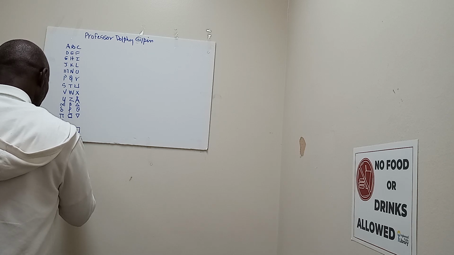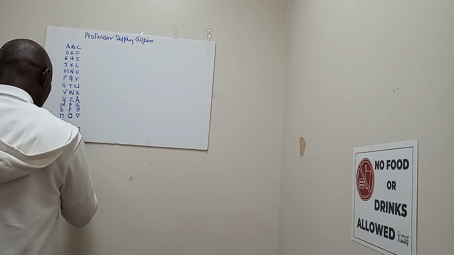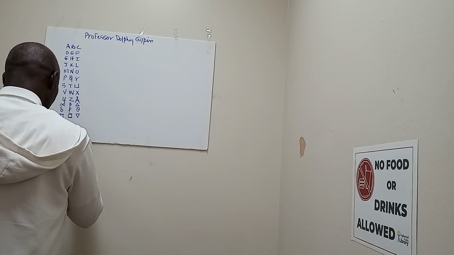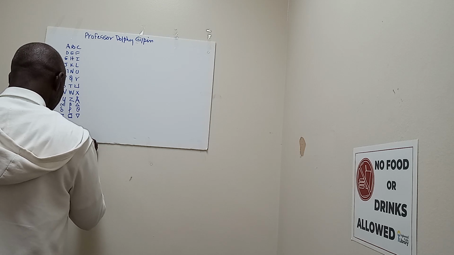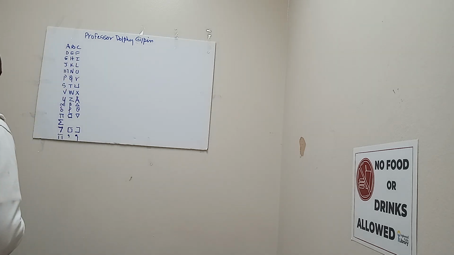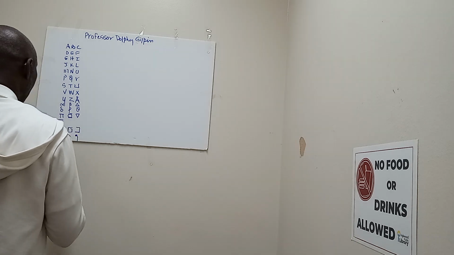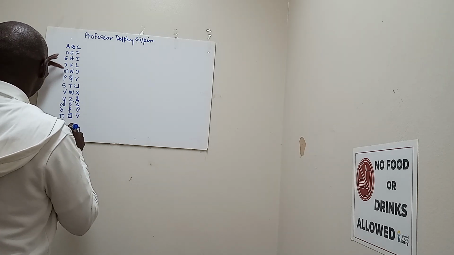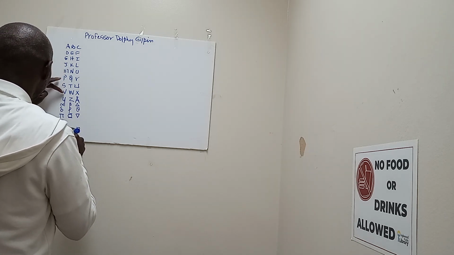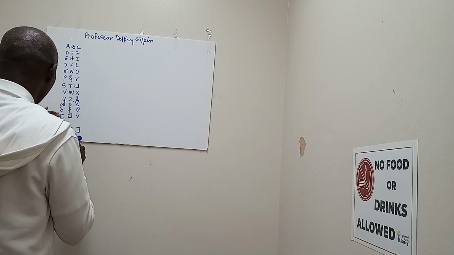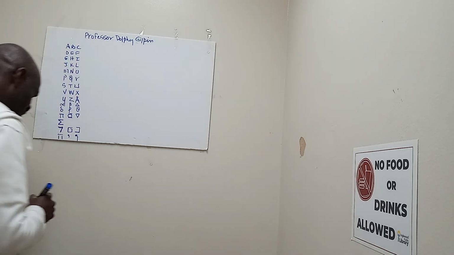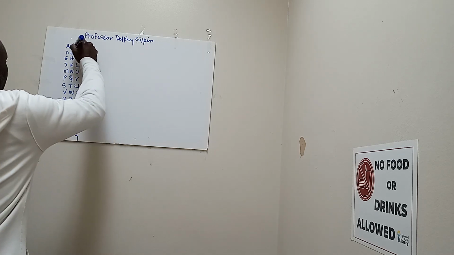Let's say yod, vav. All right, so we have 1, 2, 3, 4, 5, 6, 7, 8, 9, 10, 11, 12, 13, 14, 15. 15 rows, and now the columns.